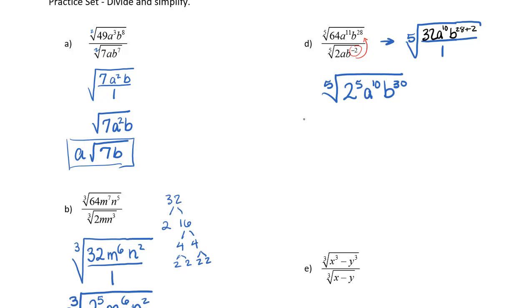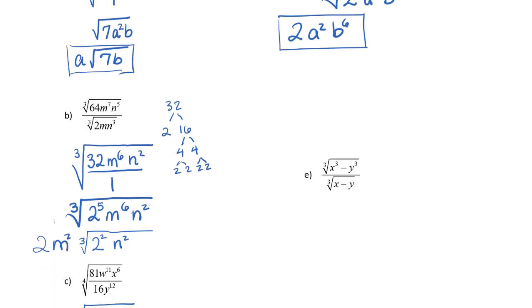We're going to get a 2, an a squared, and a b to the 5 times 6 is 30, so b to the 6th. No radical left over, no denominator left over.